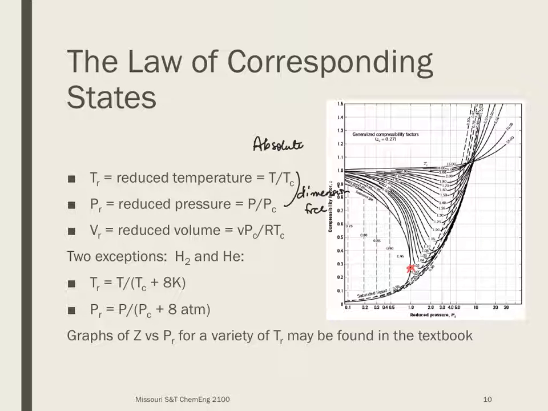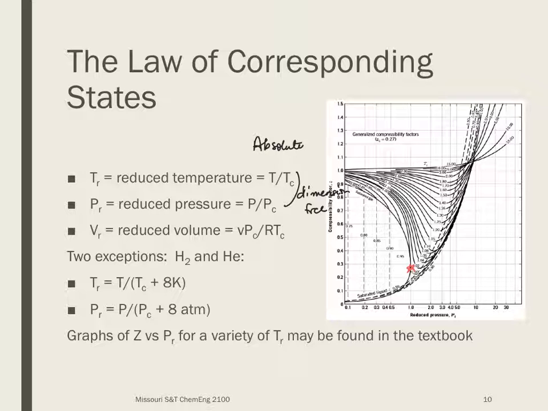Now there's also a reduced volume, which is the actual volume divided by what one would get if you calculated the volume at the critical point for an ideal gas. So that's V times Pc over RTc. Now this is going to work for all substances except for the two tiniest, and that's hydrogen and helium.